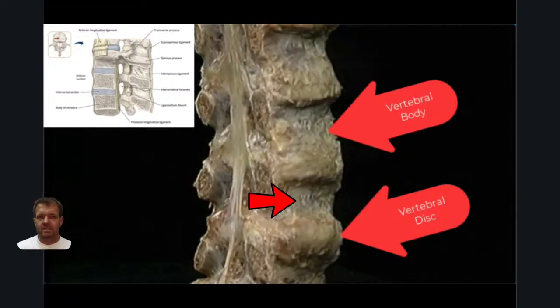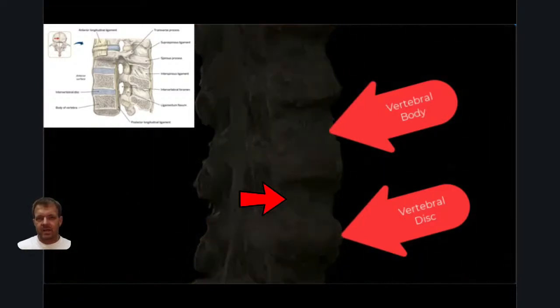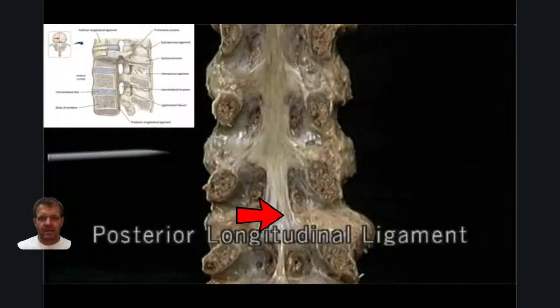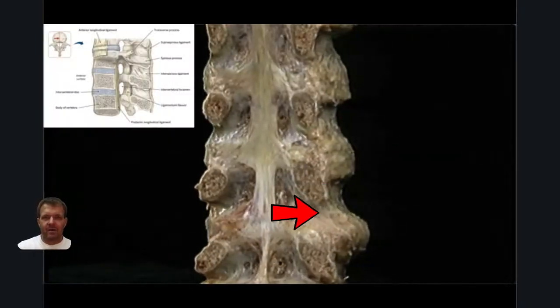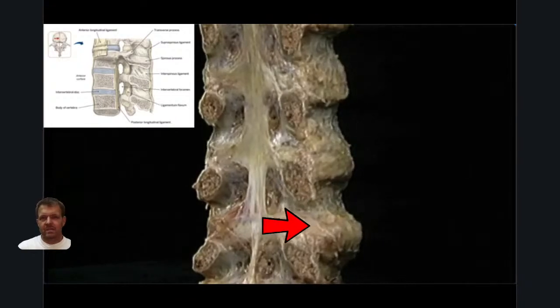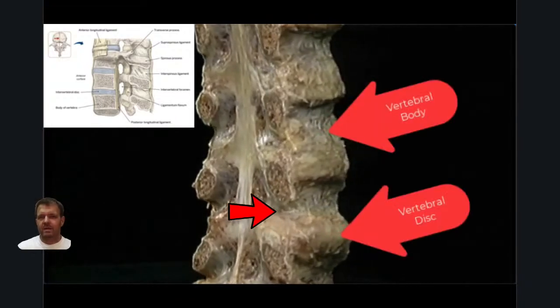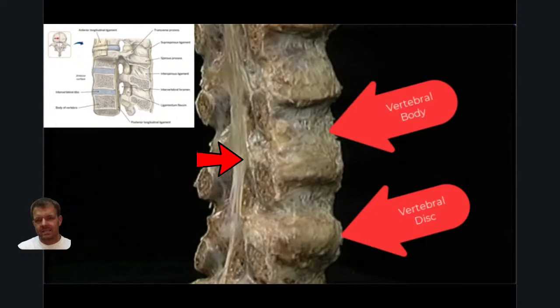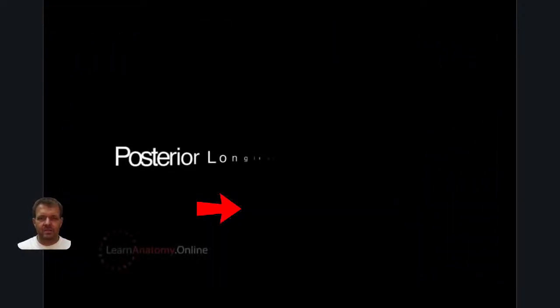So you've got vertebral body, disc. And around this area here, that's where the neural foramina will be. So you can see there's no protection from the posterior longitudinal ligament at that point.